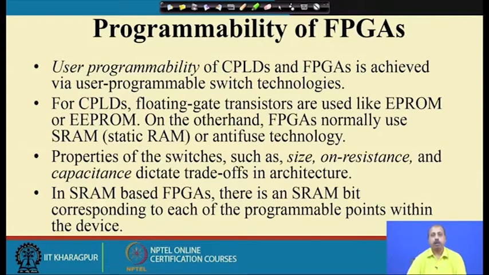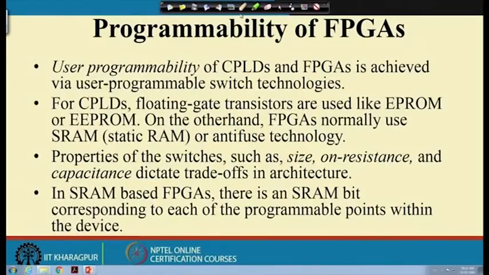If you apply a control voltage, then the gate will be charged, and as a result the device will be turned on. If you remove the voltage, or apply some negative voltage, the charge is removed from the gate terminal. So, basically this is a transistor.